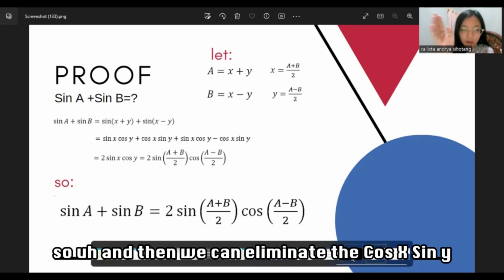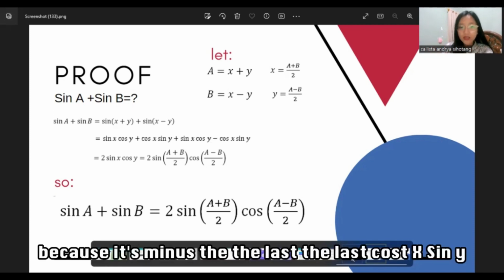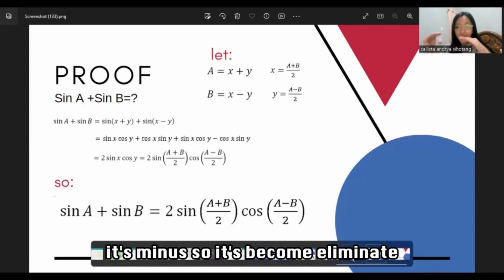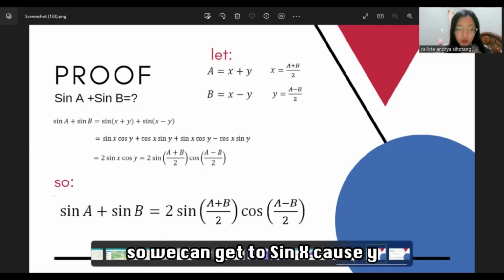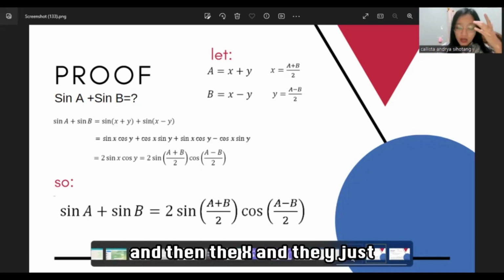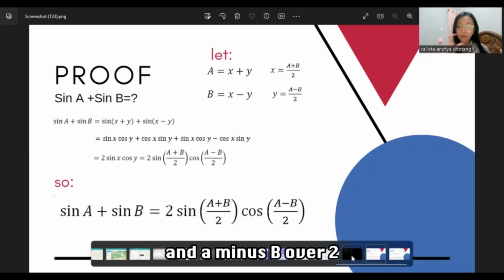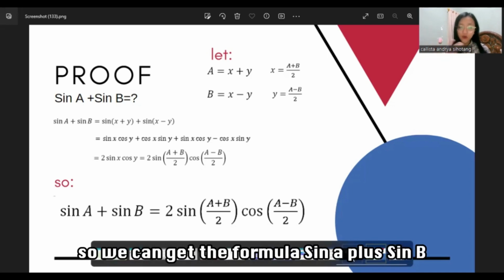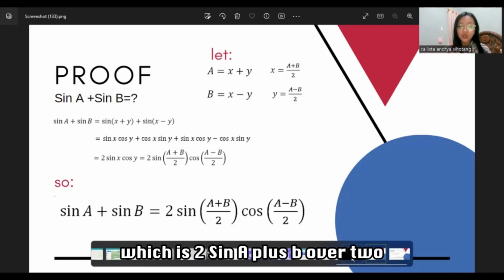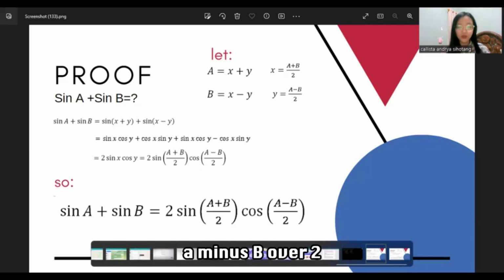The cos x sin y terms cancel because one is minus. So we get 2 sin x cos y, and changing x and y into a plus b over 2 and a minus b over 2, the formula of sin a plus sin b is 2 sin (a plus b over 2) cos (a minus b over 2).